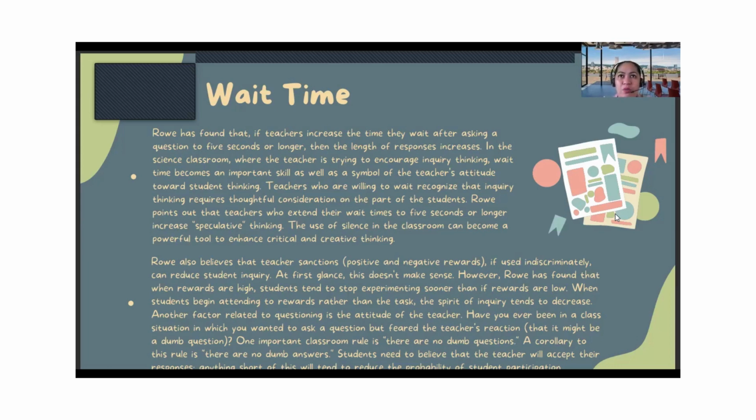So the inquiry there will be very low. So it's important that you do the wait time instead of the rewards and punishment system. You can still use it, but not really like 80% or 100% of all the tasks that you're doing. Okay, just minimize it.